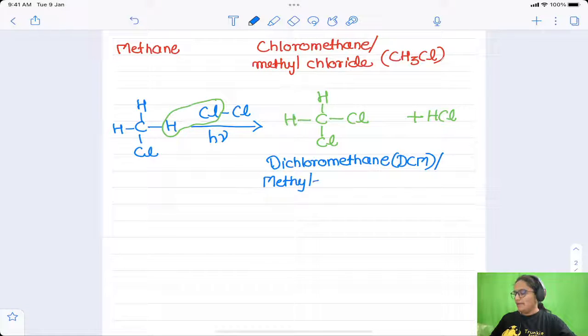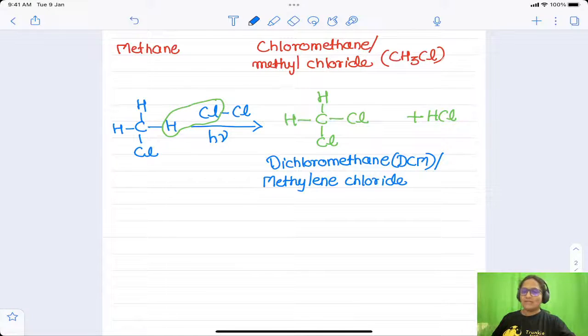The meaning of the word methylene is CH2. So if methylene is there, obviously there will be 2 chlorine atoms, that is a clear picture. So no need to write methylene dichloride, only methylene chloride is enough. The formula will be CH2Cl2, right?